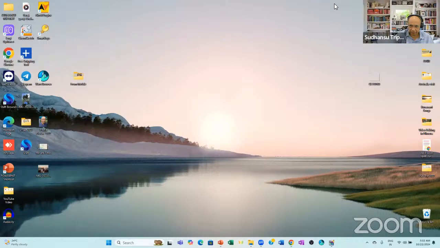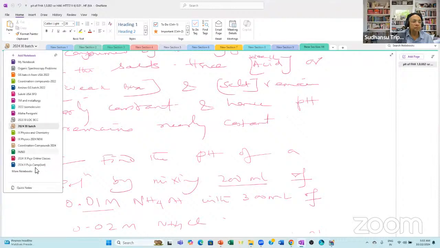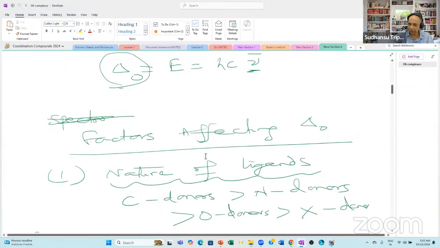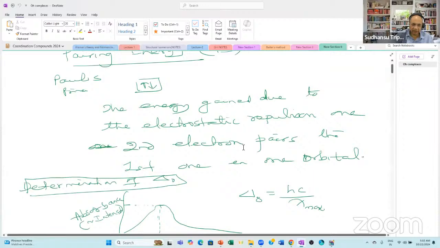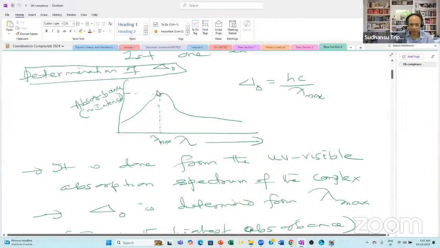Today, we shall talk about coordination chemistry. We have seen that in any octahedral field, we can find the del O value from the absorption peak, from the lambda max.